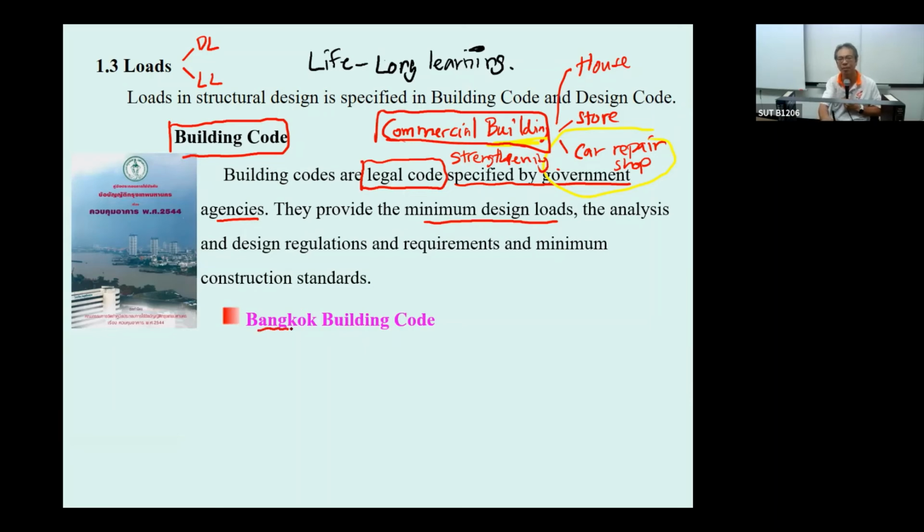One is the Bangkok building code, which is the modern one, and is legal to use in Bangkok. We also have the national building code. That's a very old one, 20 years older than this.